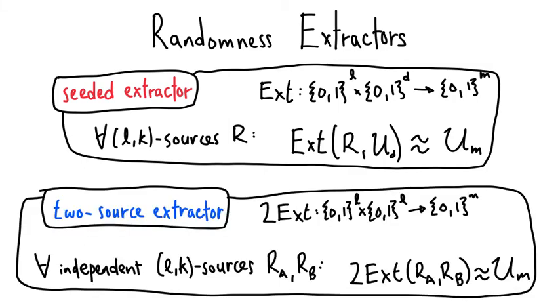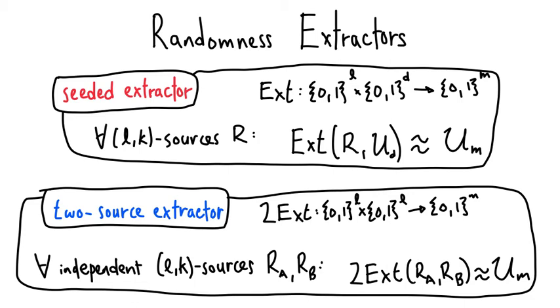And a two-source extractor is again a deterministic function, but here it takes as input two L-bit sources and outputs m bits. A two-source extractor has the promise that for any independent L-k sources, the output of the extractor is close to uniform.